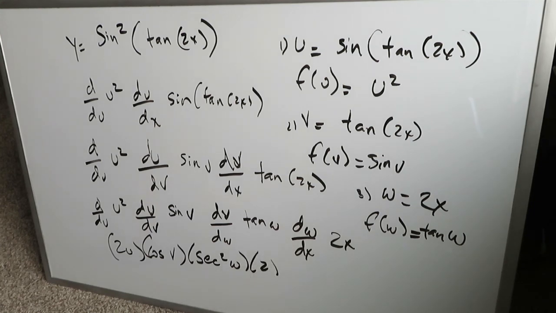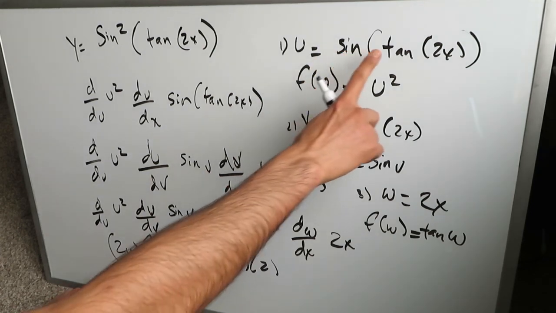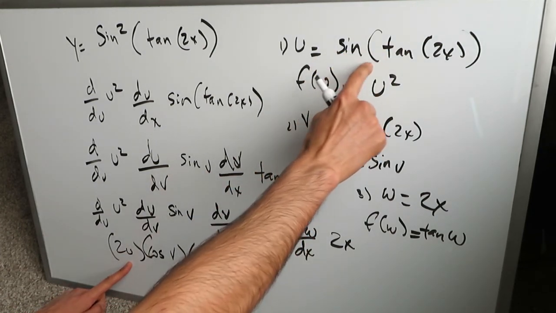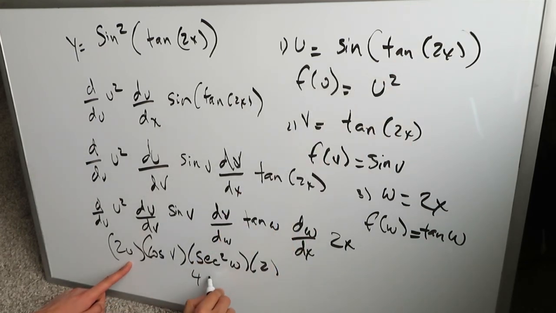Now if you see, we're beginning to take shape over here. Let's bring the coefficients together and start bringing in our variables. 2 times 2 is a 4. And then we have a u over here. U will be all of that. This right over here. You'll get sine tan 2x.